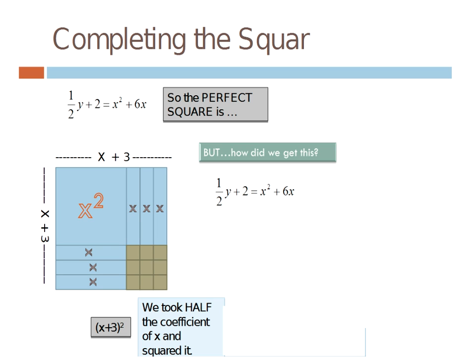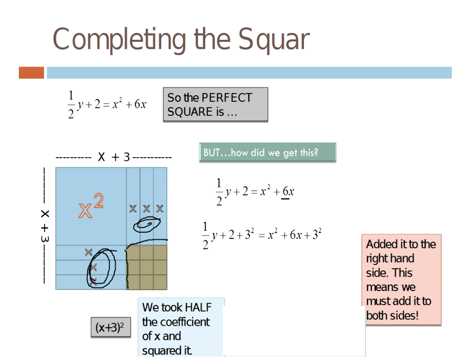So here's our coefficient of x, 6. We took half of those 6's and put them down here and half up here, and that meant we had 3 by 3 squared. So you always take half the coefficient of x, square it, and then you add it in because you need to complete the square.